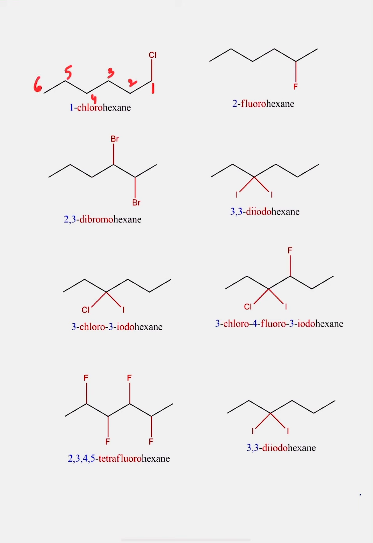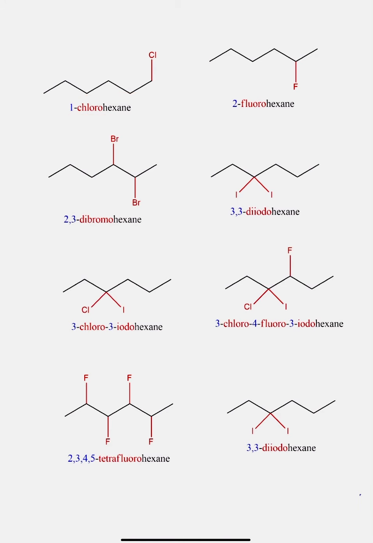Now chlorine is attached to first carbon. So which will you prefer? Again, you go by the lowest sum rule, but here you don't have any sum, you have only one number, that itself is the sum. So which is it? Is it 1 which is lowest or 6 which is lowest? I think 1 is lower than 6, so this numbering is correct. That means numbering from the right is correct, not from the left. So that gives you the name of the compound, 1-chlorohexane.